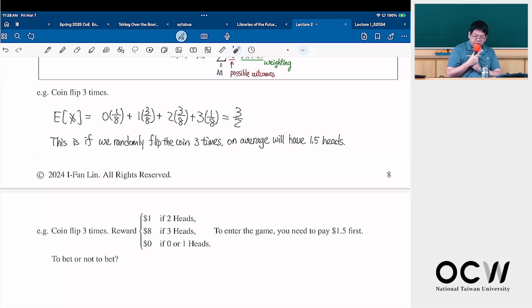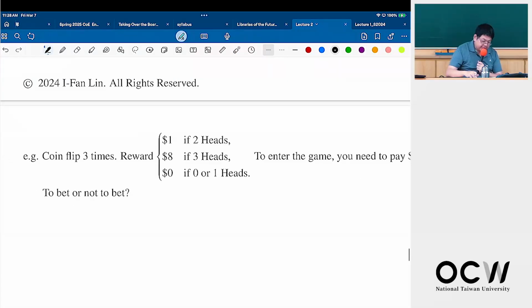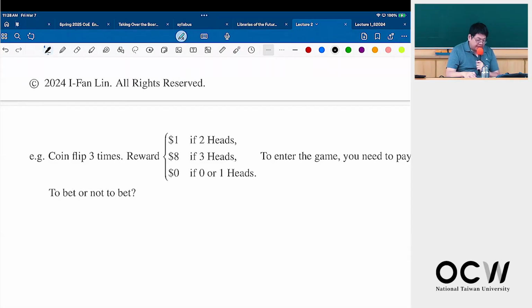Is that random variable just heads or tails? But I also have rewards here, right? So in this case, my random variable x is not the heads or tails. The x is the amount of rewards.